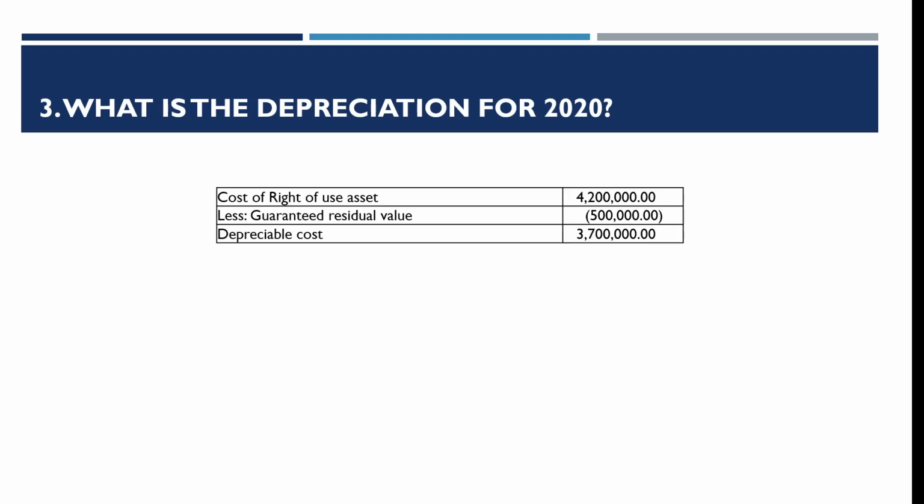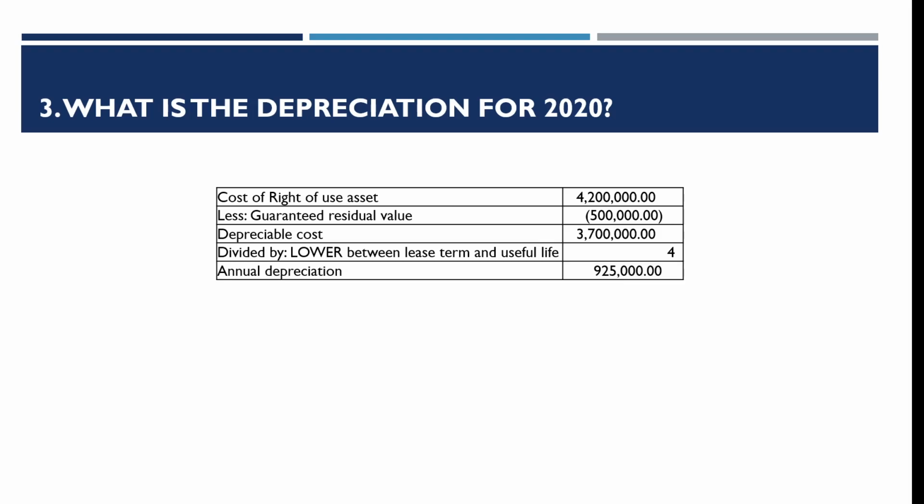Therefore, how much is our depreciable cost? 3.7 million. Divided by, ano nga sabi natin kanina? Shorter between the lease term and useful life. Ilang years ang lease term? 4 years. Useful life? 8 years. Whichever is shorter, which is 4 years.